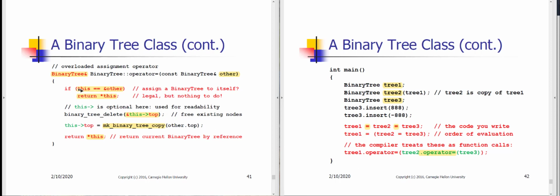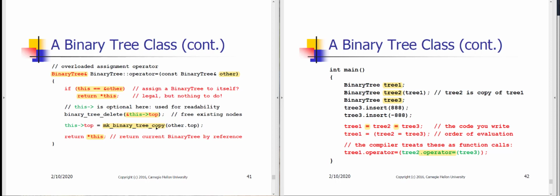All right, so we first test whether this is equal to the address of other, that is, whether the address of L tree 2 is equal to the address of L tree 3. That's not the case. L tree 2 and L tree 3 are different objects. So we then come down and we delete all of the data associated with L tree 2. Actually, that delete function does not do anything because top is null. Okay, but if there had been information in L tree 2, we would have deleted all of that.